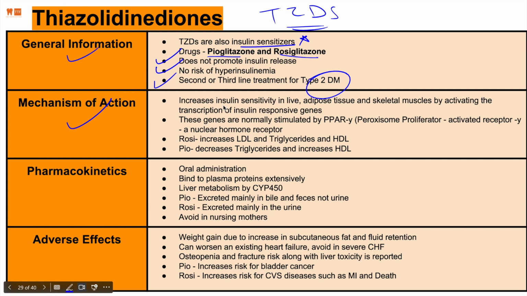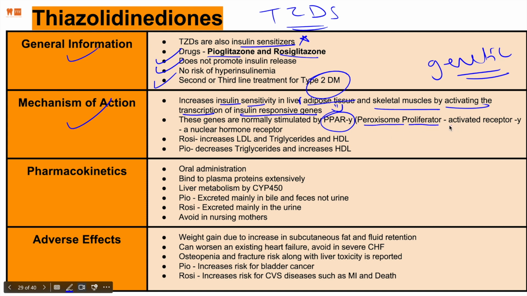Now, mechanism: it increases insulin sensitivity, specifically in the liver, adipose tissue, and skeletal muscles by activating a very specific genetic component, you guys: transcription of insulin responsive genes. Insulin responsive genes are those genes that respond to insulin. These genes are normally stimulated by an activator known as peroxisome proliferator activated receptor gamma.